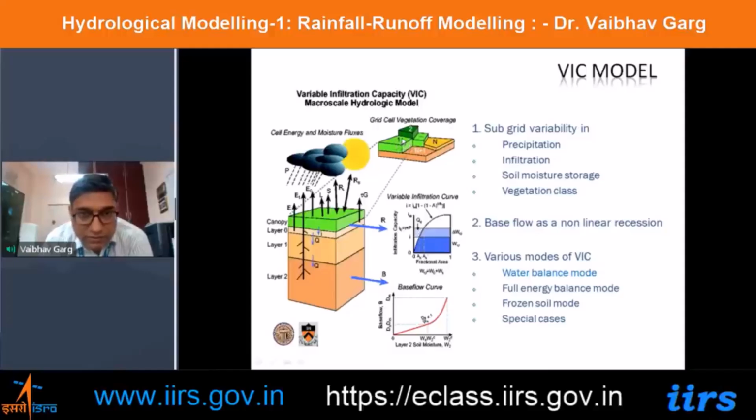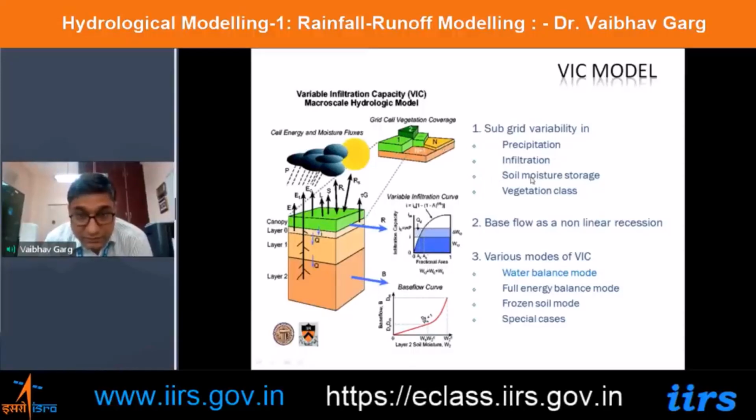Suppose one is forest, two is forest, one is agriculture, this class is urban, this is bare soil, and this is some other class. For each class, it will do the water balancing, and then for the grid, statistically, it will tell you how much is the water balance. So this is how it considers the subgrid variability in the vegetation class.